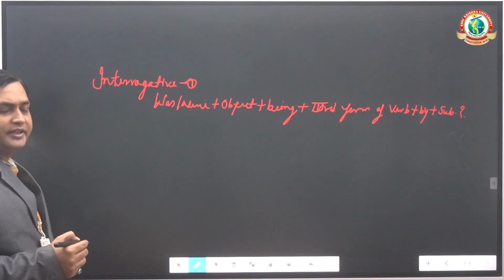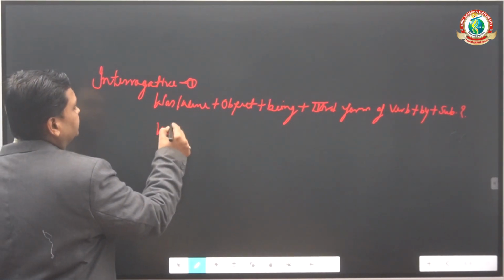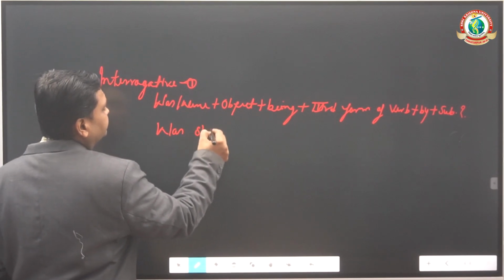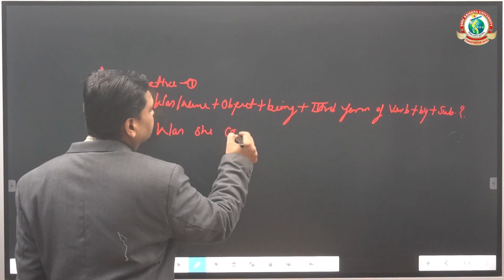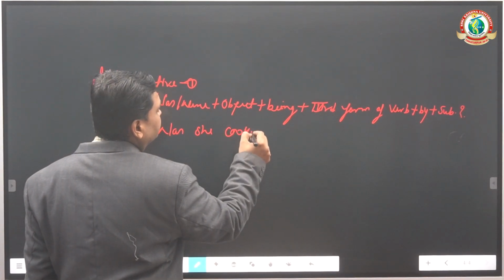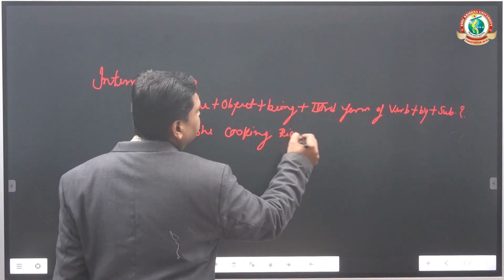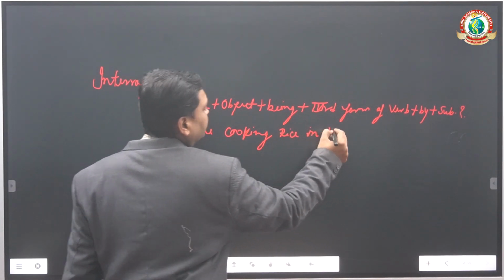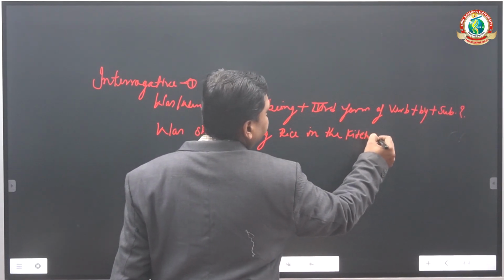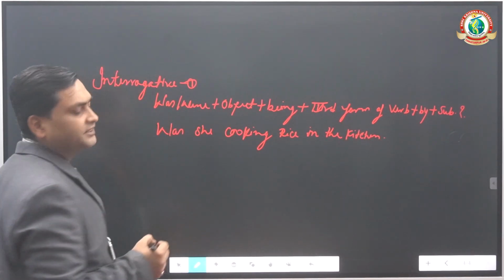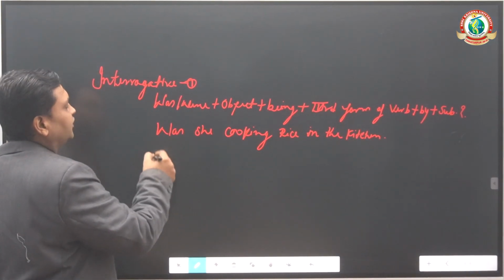The sentence in active form: was she cooking rice in the kitchen. The sentence is in interrogative form. So the structure in passive voice would be like that.